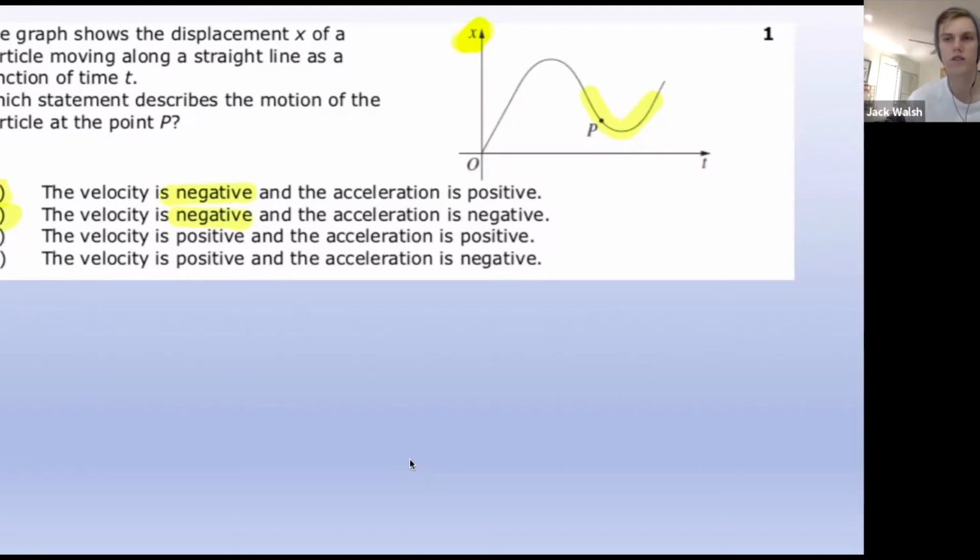If it's positive, it's concave up. If it's negative, concave down. So it has to be A, because what's the concavity at P? Positive.